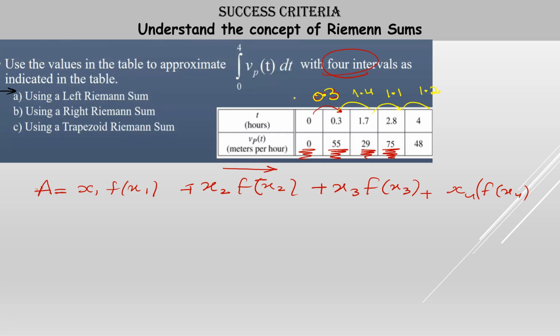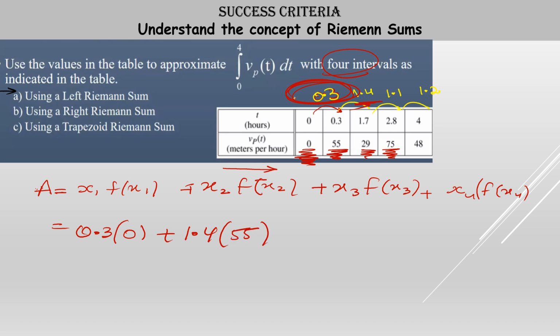Now what is x1? x1 is the width which we calculated here, that is 0.3. And what is f of x1? It is 0, the left point of the height. Plus x2, which is 1.4, whereas f of x2 we will take as 55.